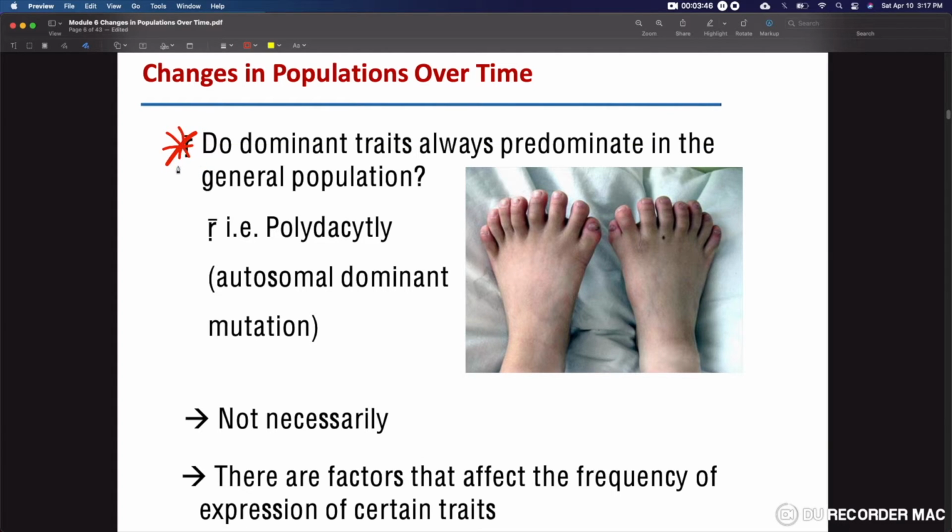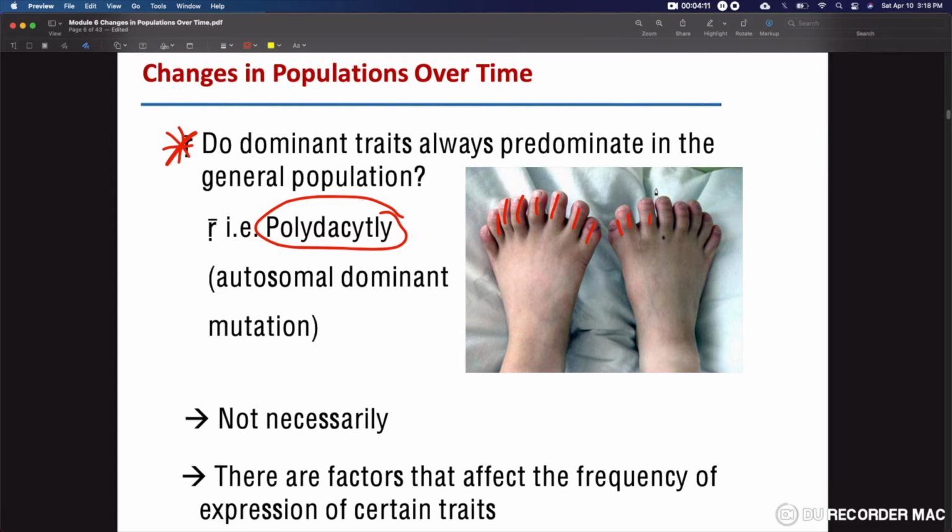That's the question. So say, for example, polydactyly, the condition where an individual can have multiple fingers or digits in his or her palms or in her toes.